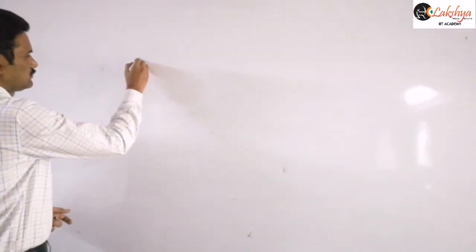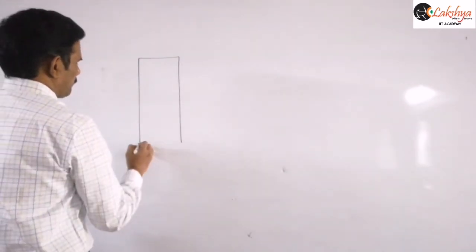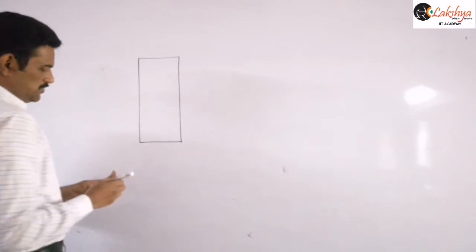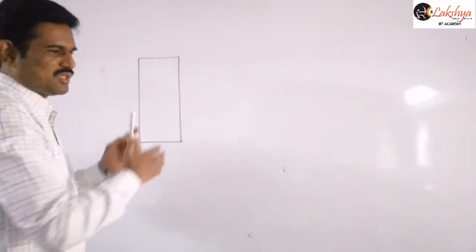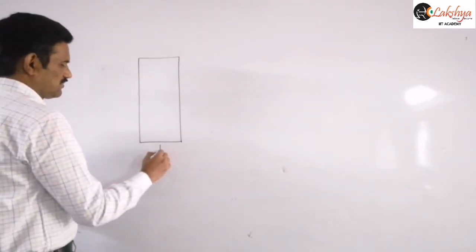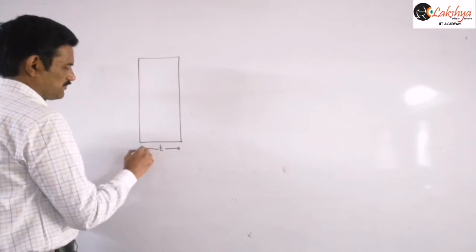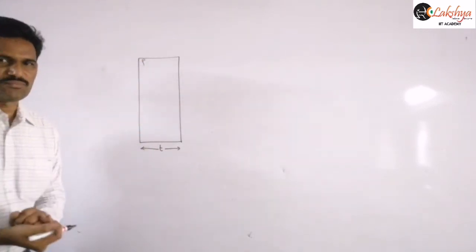Now our problem is that we are assuming the earth to be an infinite thick plane of some thickness T, which we need to find, having the same density as our present earth.